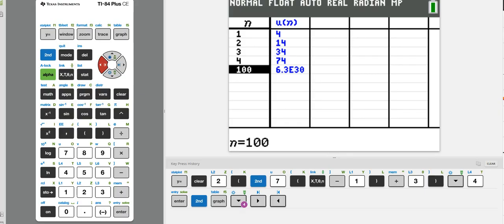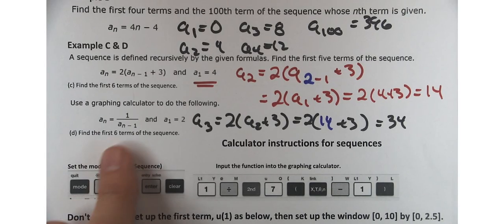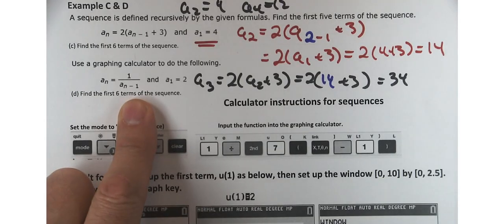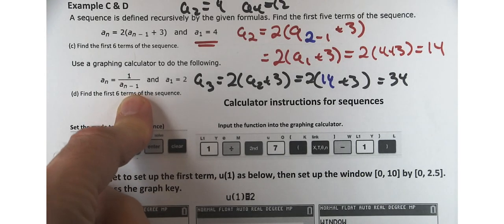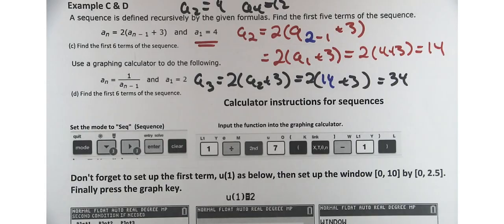Okay, let's take a look at a different one. Why don't you give yourself a chance to see if you can find the first few terms of this sequence. Now, I suggest you try it by hand, just because there's something that might work out kind of interesting for you with respect to that one.